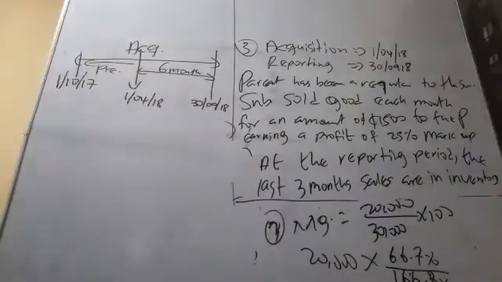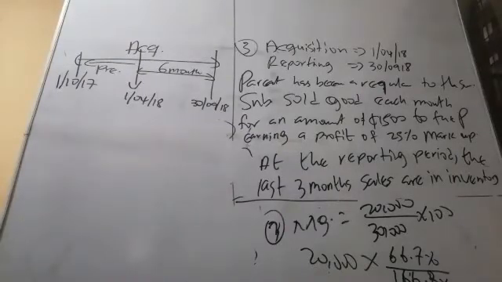Agreed. The parent has been a regular customer of the subsidiary. The subsidiary sold goods each month for an amount of 1,500 to the parent, earning a profit of 25% markup.